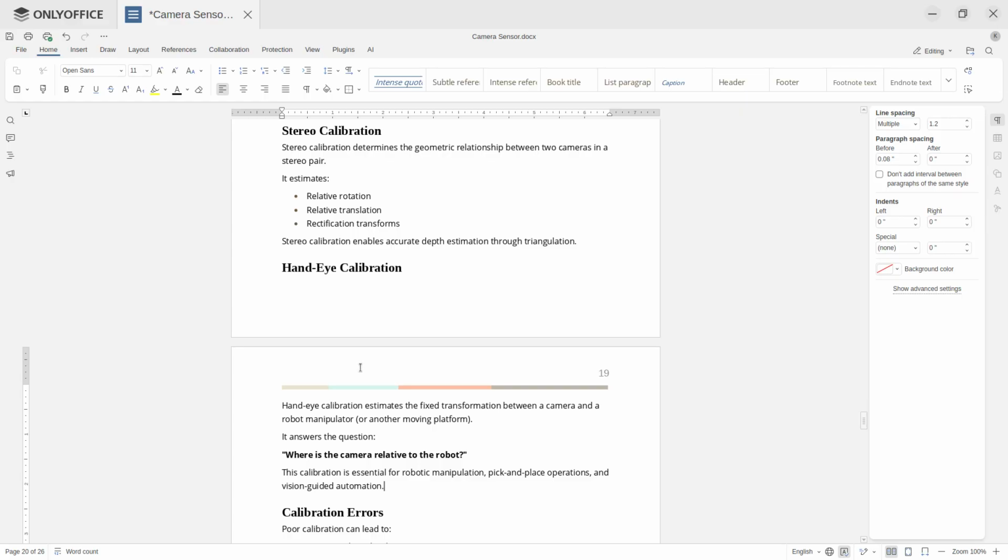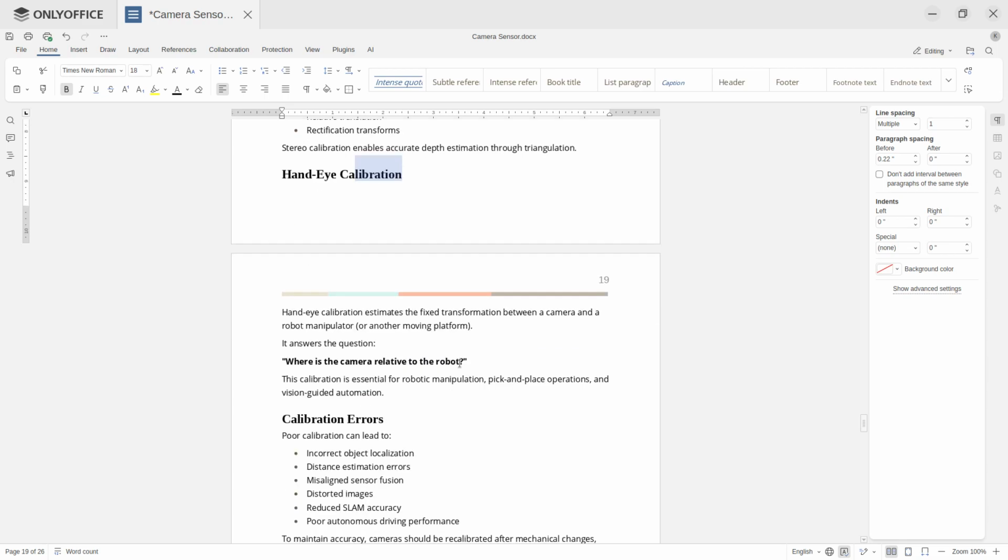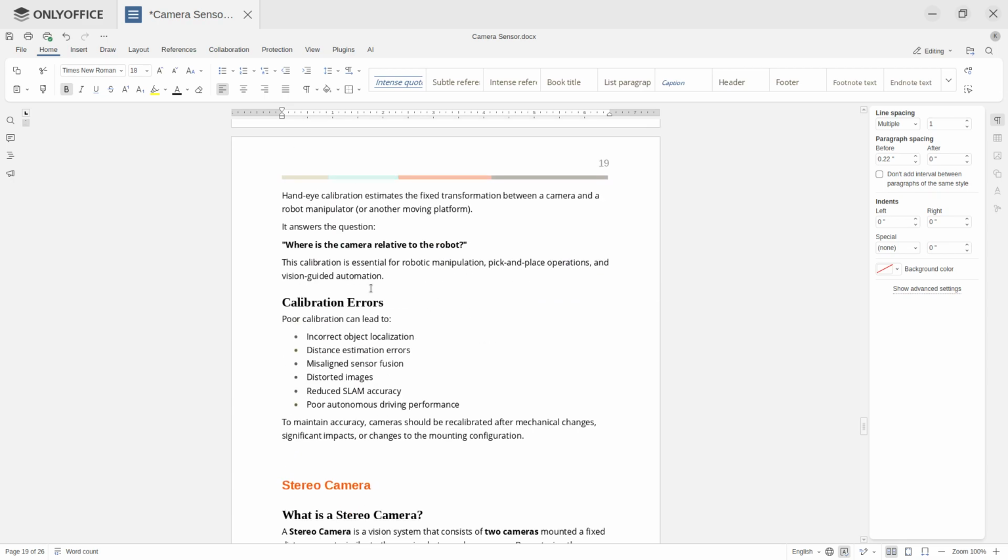So we have to understand the distance between the hand and the eye. To find that in the case of manipulators, we require this hand-eye calibration there. So this calibration is essential for robotic manipulation, pick and place operations, and vision guided automation.